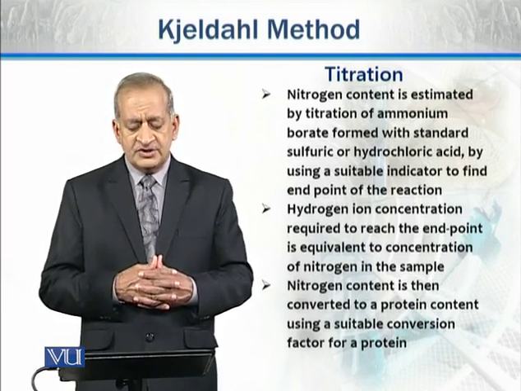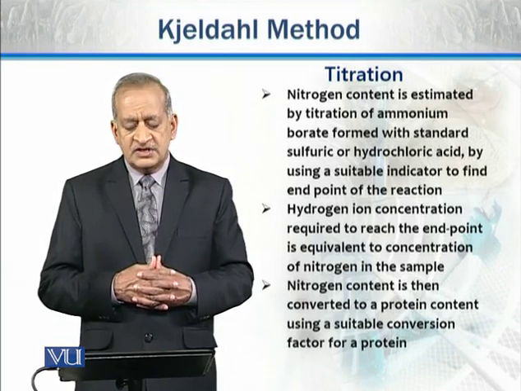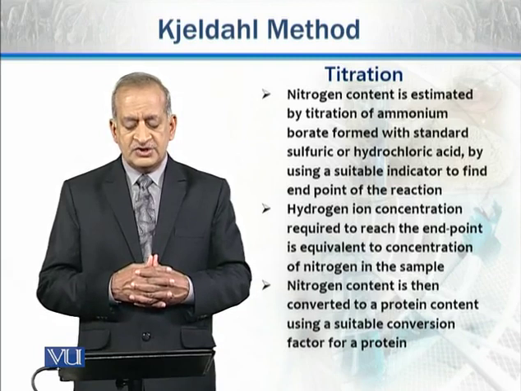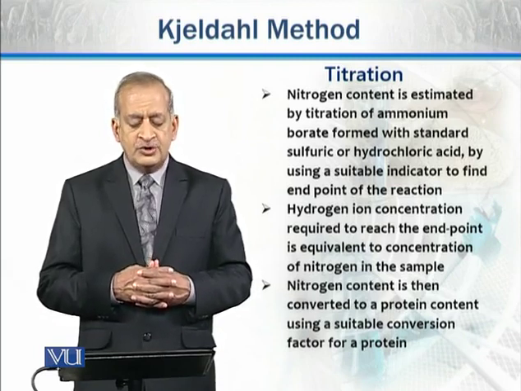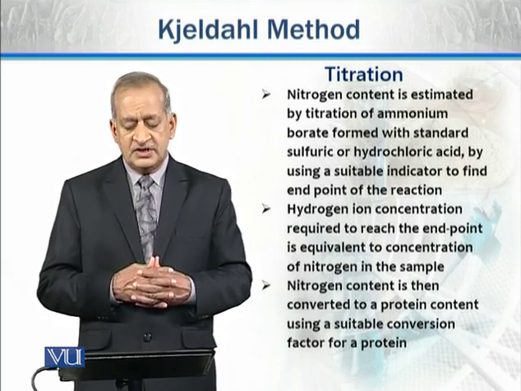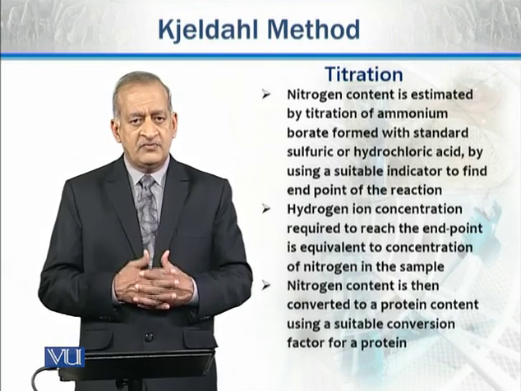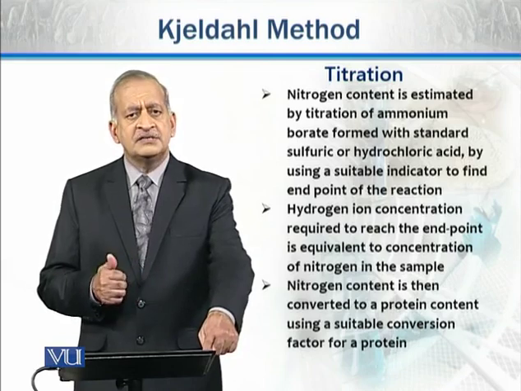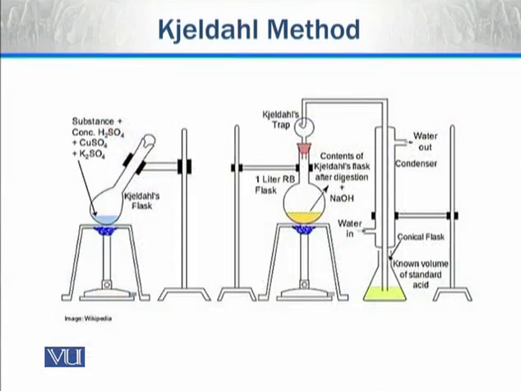The hydrogen ion concentration required to reach the endpoint is equivalent to the concentration of nitrogen in the sample, and this nitrogen concentration is converted to a protein content using a suitable conversion factor, which we have discussed earlier. And this varies for each protein.